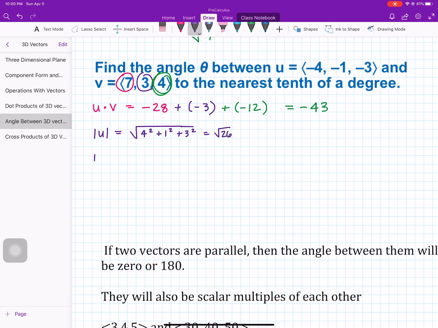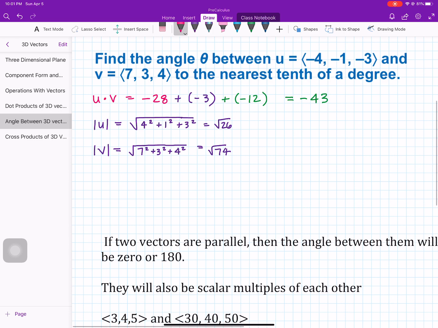I know all of you good math students out there will want to reduce your radical, but honestly, I wouldn't mess around with it at this point because you're just going to end up taking the inverse cosine. So there really is no point. Now to find the magnitude of v, you just do 7 squared, which is 49, plus 3 squared, which is 9, plus 4 squared, which is 16, and it's the square root of 74.